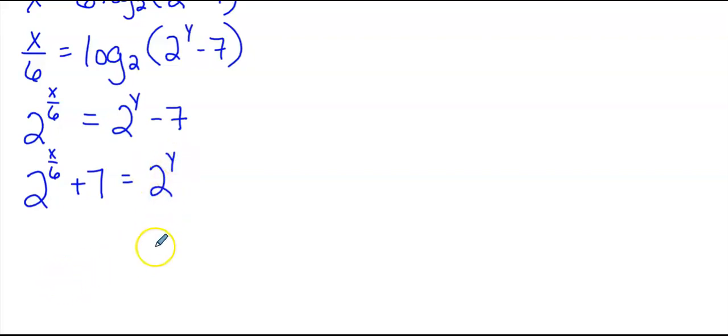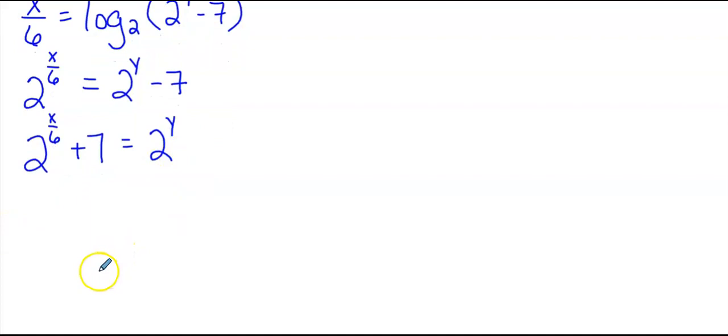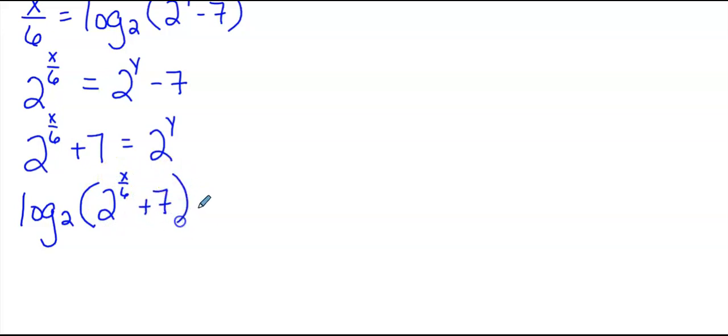Well, I still have the y as an exponent. So remember, when you have the unknown as an exponent, the only way to solve for that number is to create a log equation instead of an exponential equation. So now I need to go back to a log equation and write log base 2 of x over 6 plus 7 equals y, and this is of course the inverse.